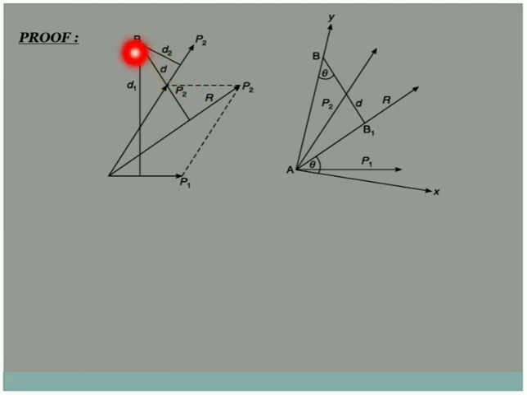This is my point B. These are the distances d1, d2 and d with respect to P1, P2 and R. P1 and P2 are the two forces, R is the resultant. The distances of these three, P1, P2 and R, from point B are d1, d2 and d respectively.